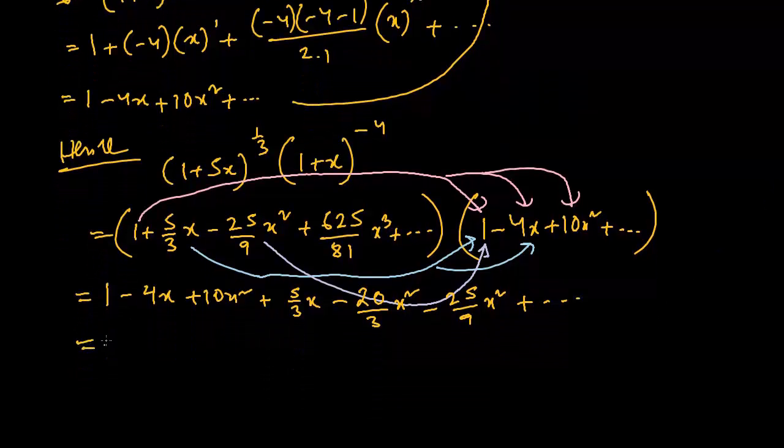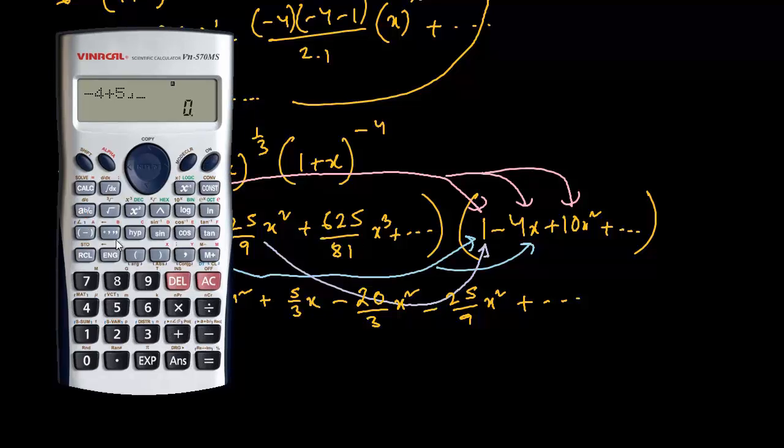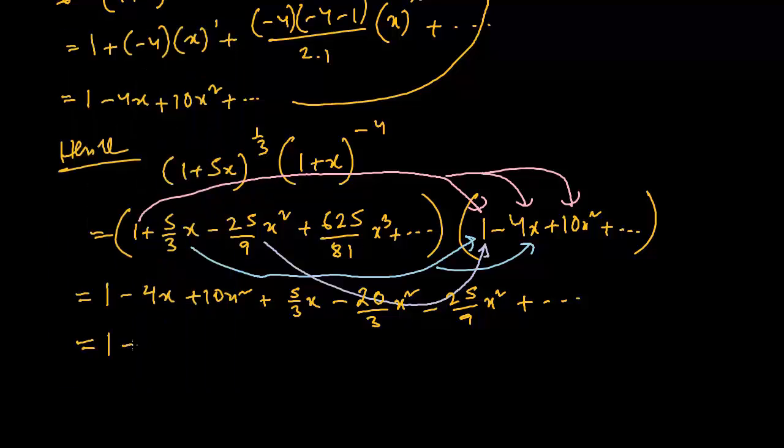So if you bring all the numbers together, then it becomes minus 4x and plus 5 by 3x. So this is minus 4 plus 5 by 3, and it is minus 7 by 3. So this would be minus 7 by 3 x. Next we have x squared.